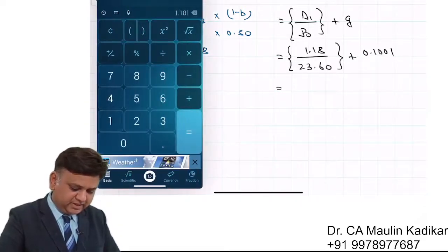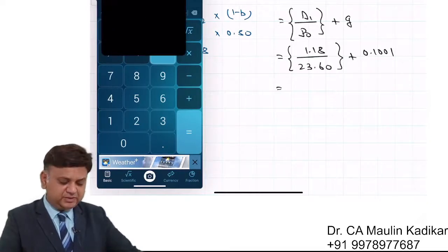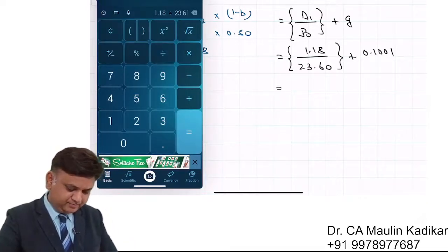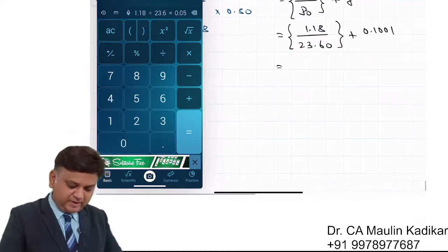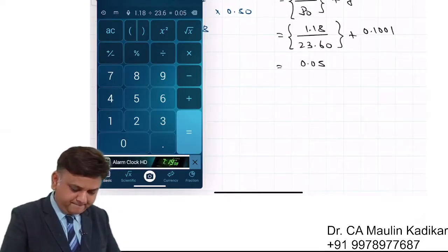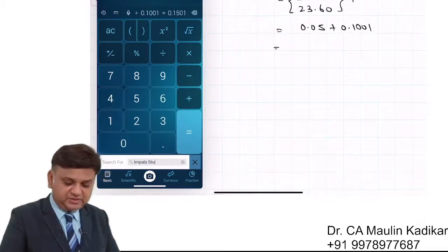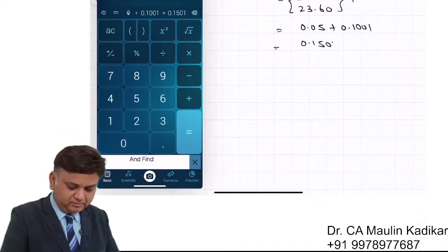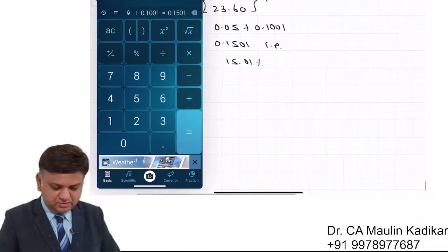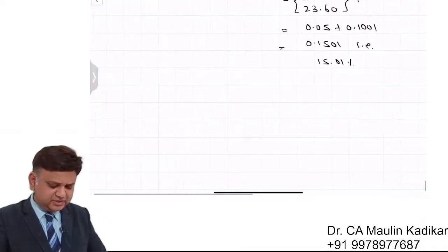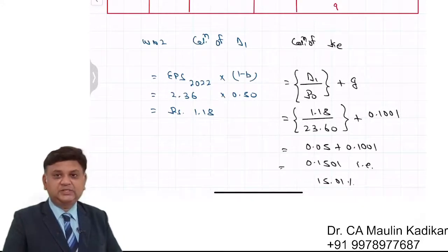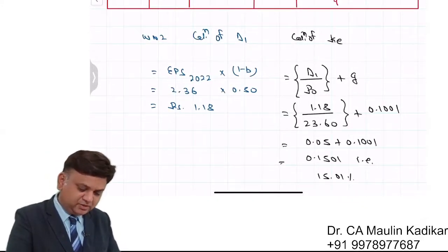So 1.18 divided by P0 23.6 is 0.05, plus 0.1001. That comes to 0.1501. That is 15.01 percentage. Or you may write 15 percentage, that is also acceptable. This is the way cost of retained earning is calculated.